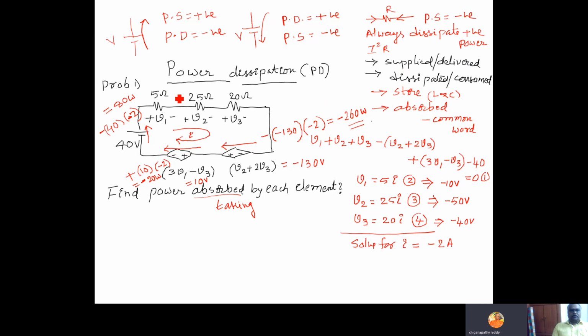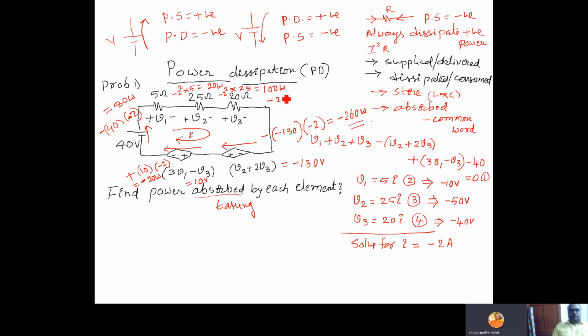Similarly for the resistor, minus 2 square into 5. Negative square is positive, na? So 4 into 5, 20. Whereas here, minus 2 square into 25, this is 100.